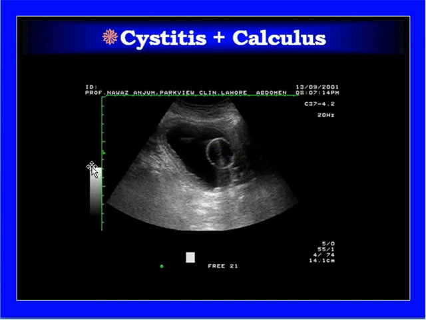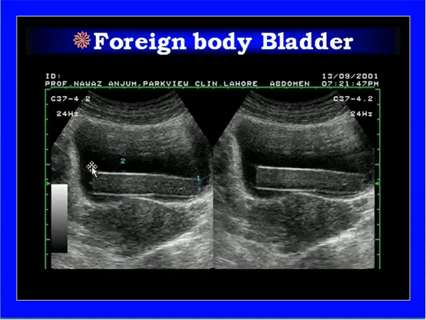Cystitis plus calculus. Sometimes stones are present in the urinary system, especially in the bladder, with infection leading to a thick walled urinary bladder. Foreign body in the urinary bladder, you can see a thick structure in the urinary bladder.